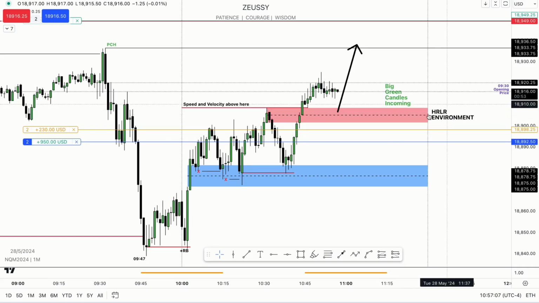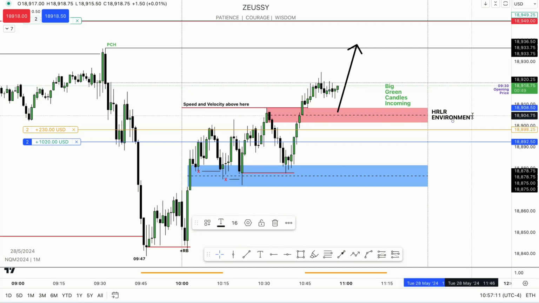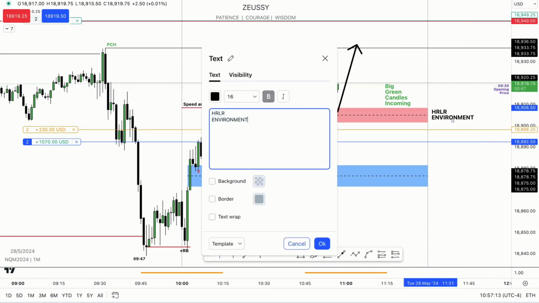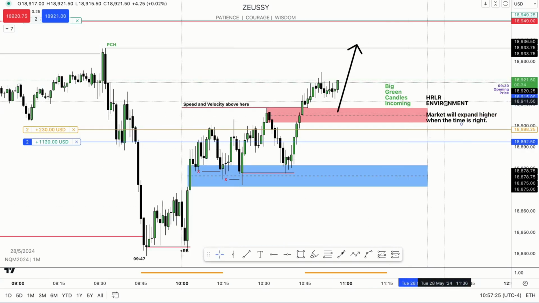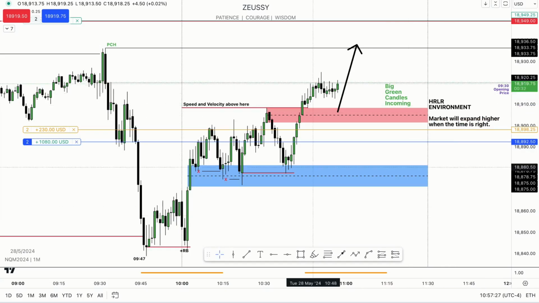Just putting it out there. High resistance liquidity run environment. I anticipate the market to expand higher when the time is right.